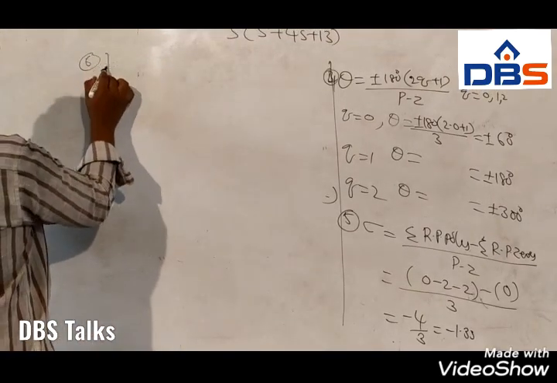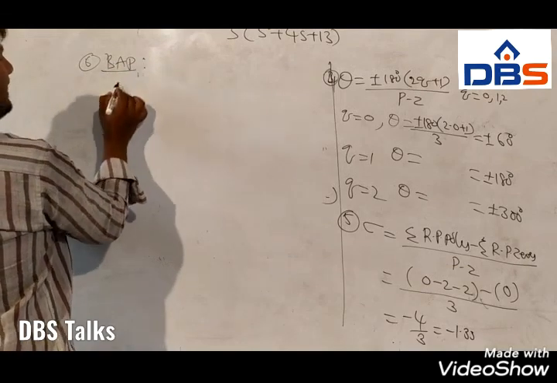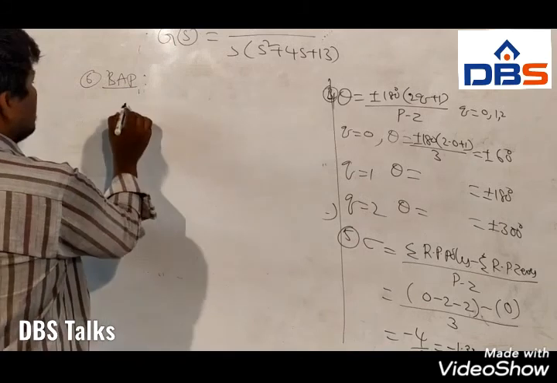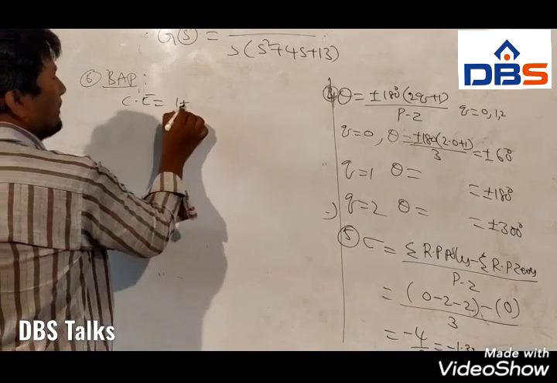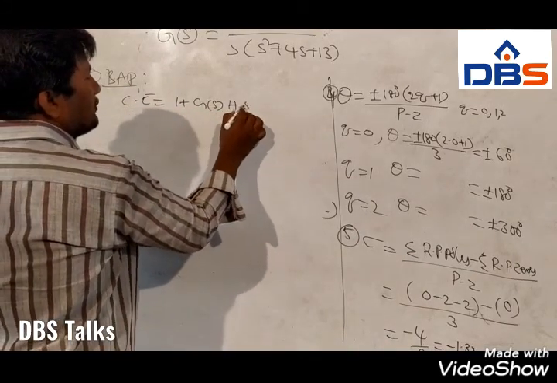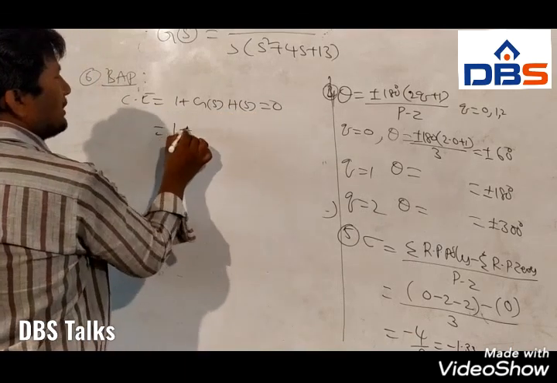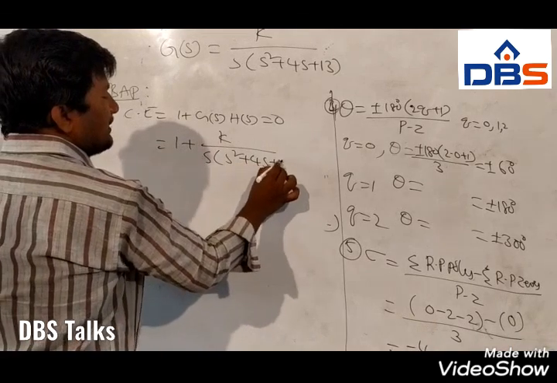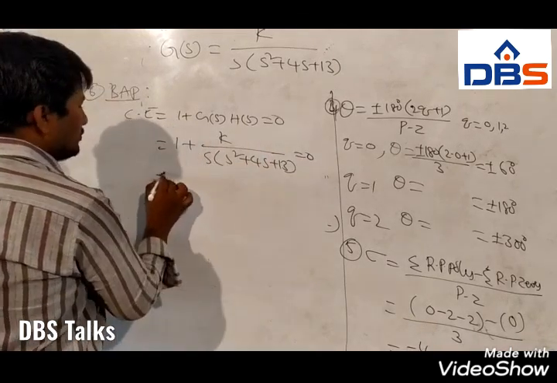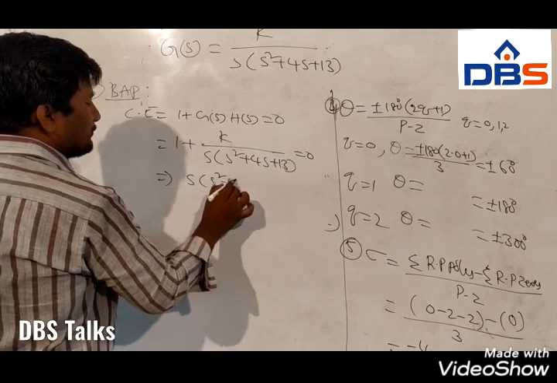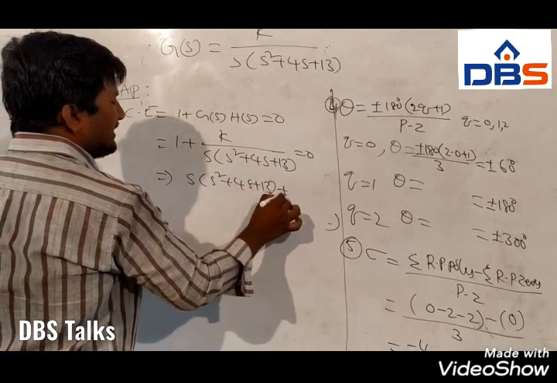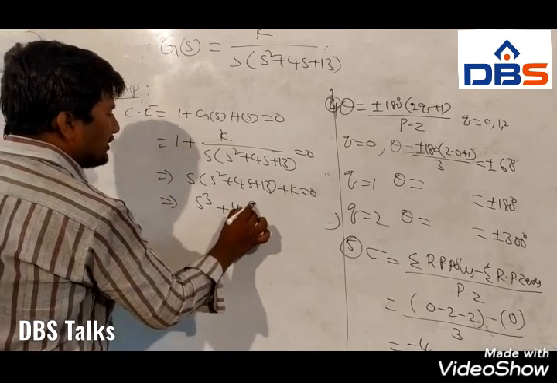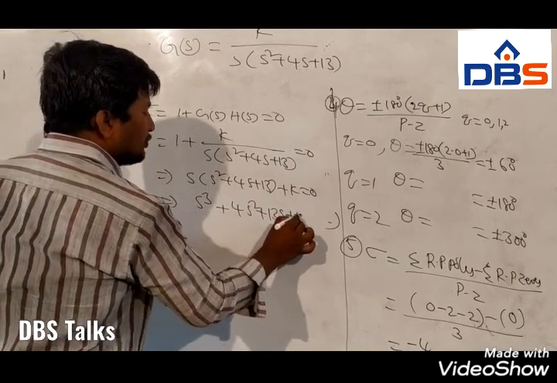Next, as usual, the sixth one, breakaway point. Take the characteristic equation 1 plus g of s h of s equal to 0. That implies 1 plus k by s into s square plus 4s plus 13 equal to 0. So s into s square plus 4s plus 13 plus k equal to 0, that is s cube plus 4s square plus 13s plus k equal to 0.